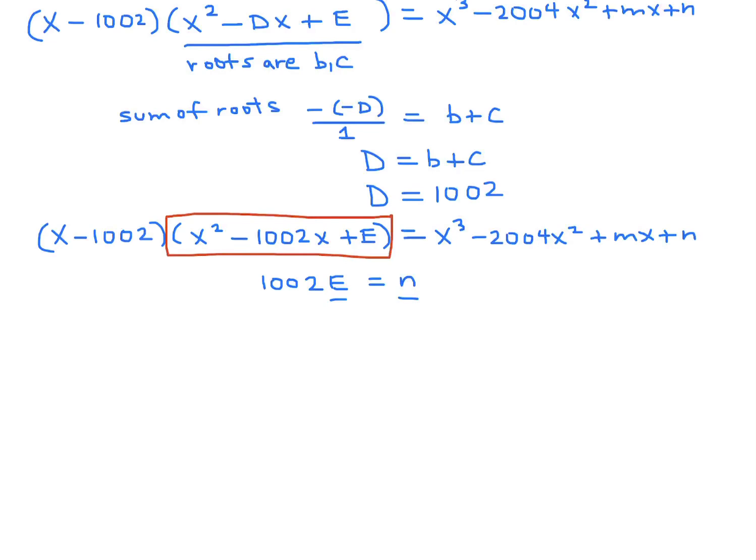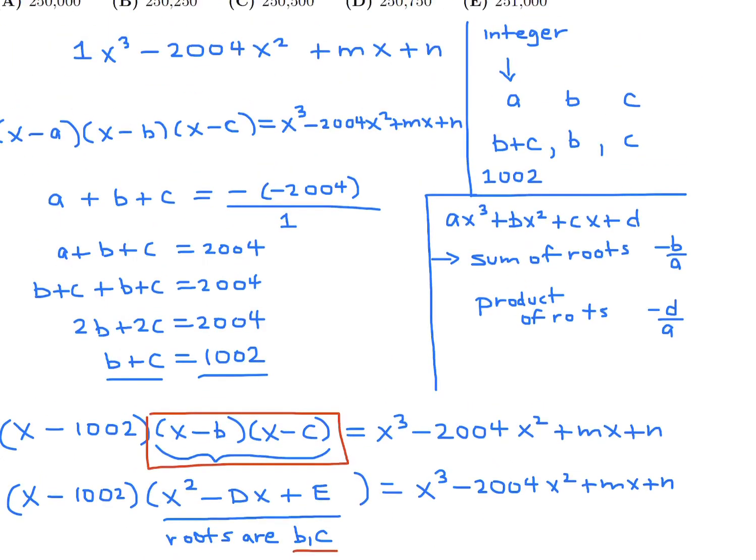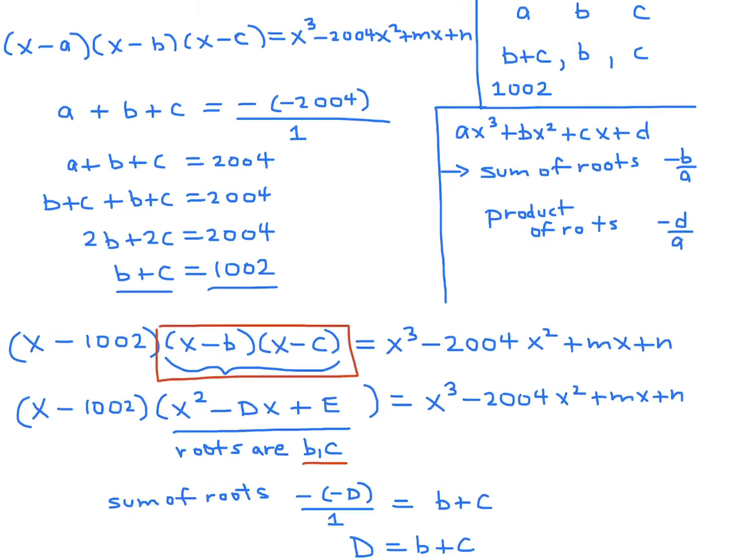Now, this guy that I just circled in red has roots, and we know those roots are b and c, because we basically wrote that to represent this. And we also know that b and c are not integers, correct? Because b and c were roots, and only a was an integer, and b and c therefore were not integers.